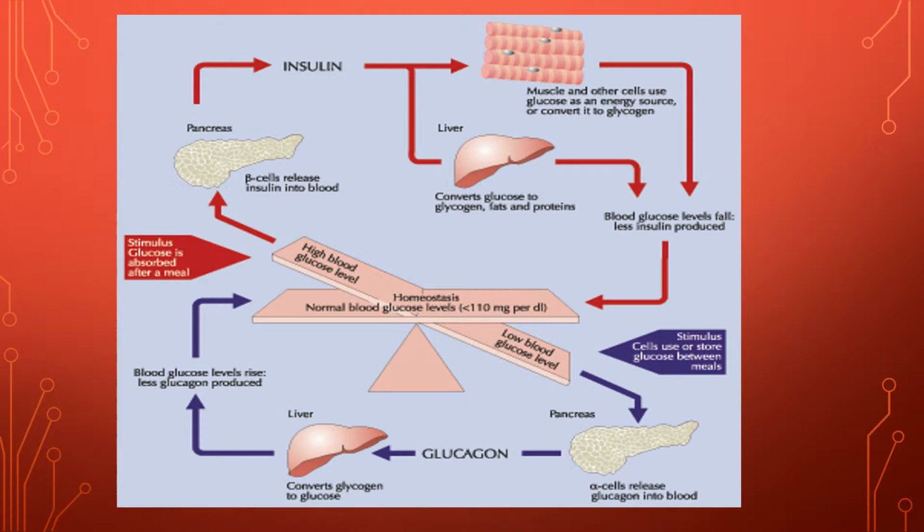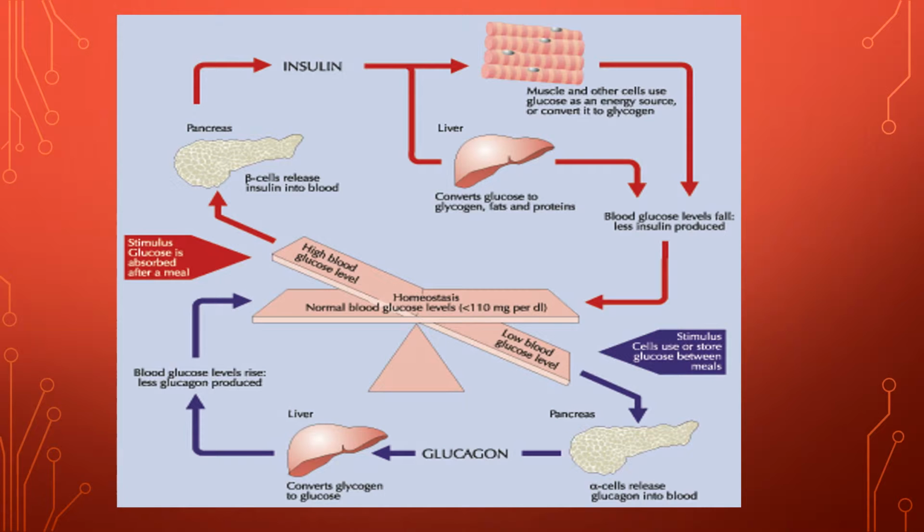So if your blood glucose rises, the beta cells of the pancreas release insulin. Remember, the job of insulin is to signal the cells of the body, not just the muscle cells, but that's one of the main targets. So it signals the muscle cells to take up the glucose, and you can use it as an energy source.